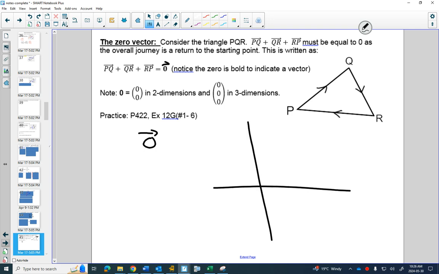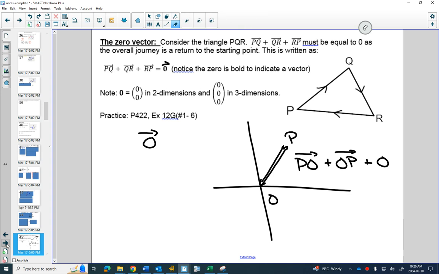If you've got your origin here and some point P, you could go back to the origin and then back to P, and that would be the zero vector. But writing it out. That's your zero vector.